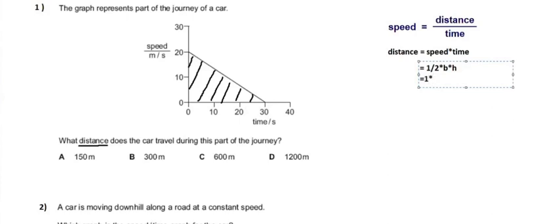So I can write half into 30 seconds. And what is the height? You can see it is this line, which is 0 to 20 meters per second. So this is nothing but 20. So half into 30 into 20 is equal to 300, and the unit of the distance is meter.